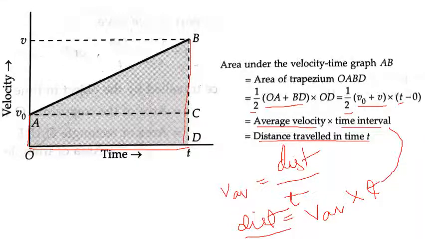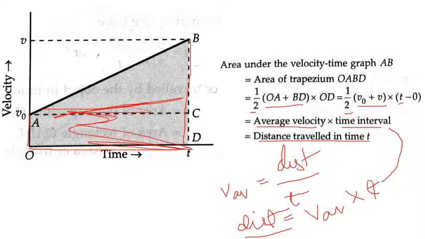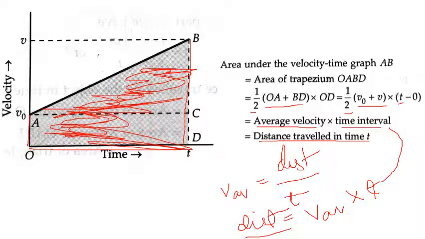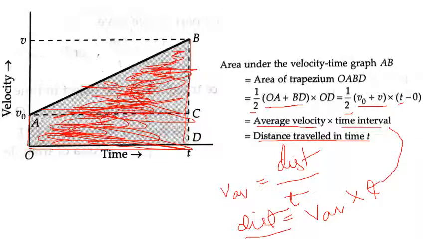So the area under this curve, your shaded area, represents the total distance traveled by the body.